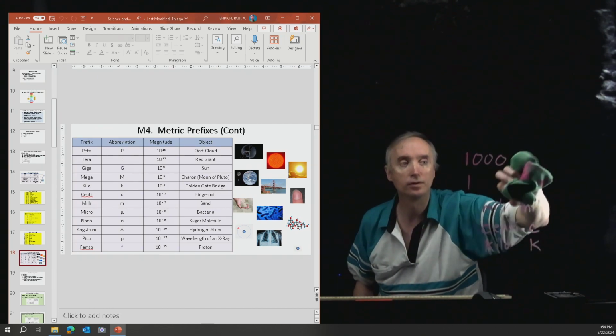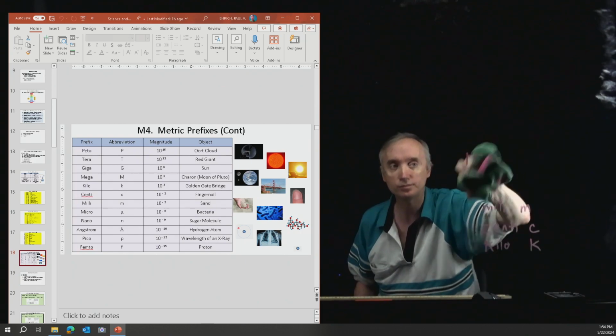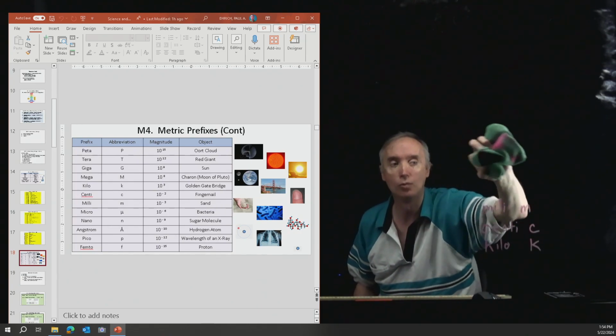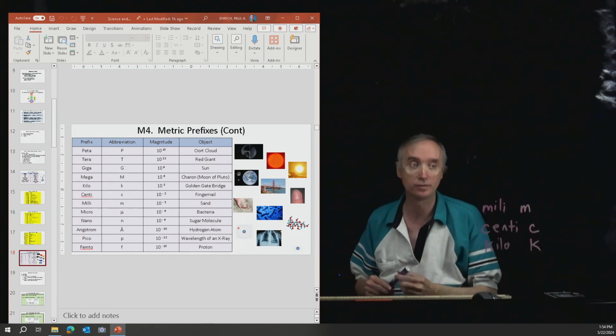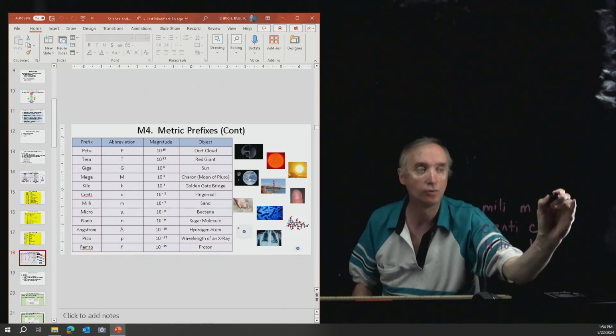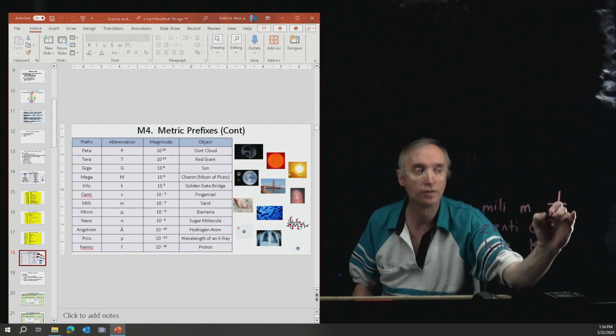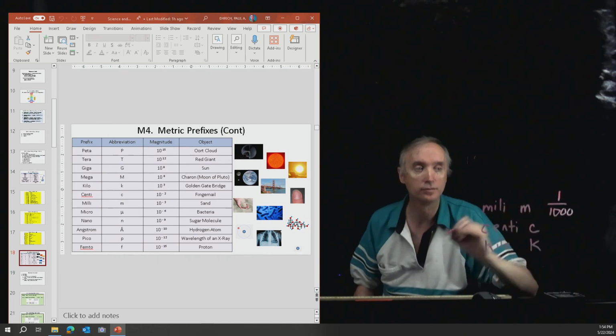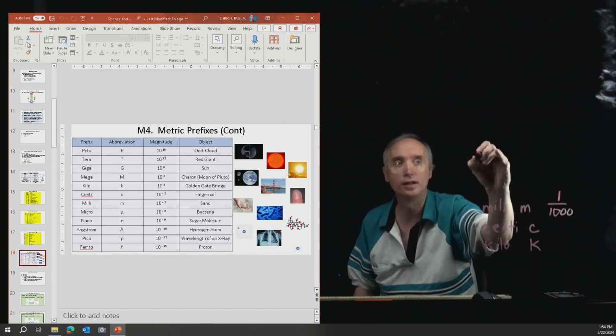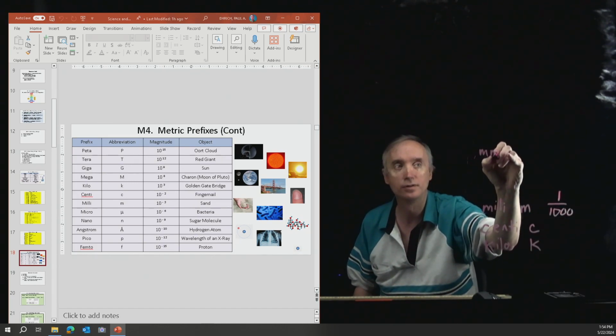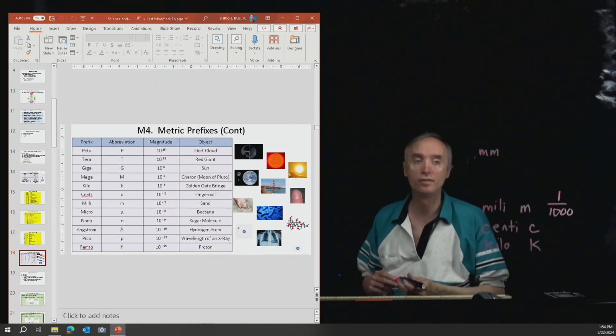So the milli is going to be 1/1000th of something. A millimeter is going to be 1/1000th of a meter.